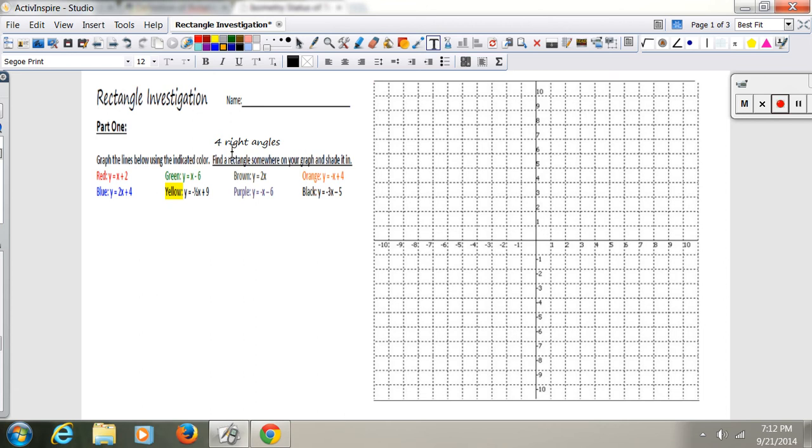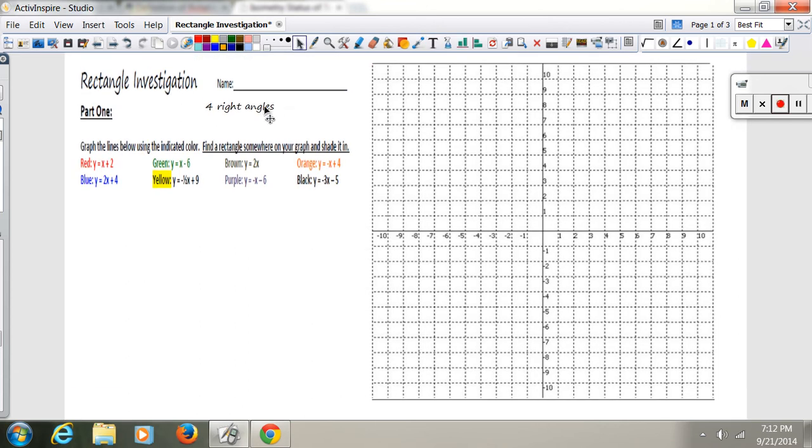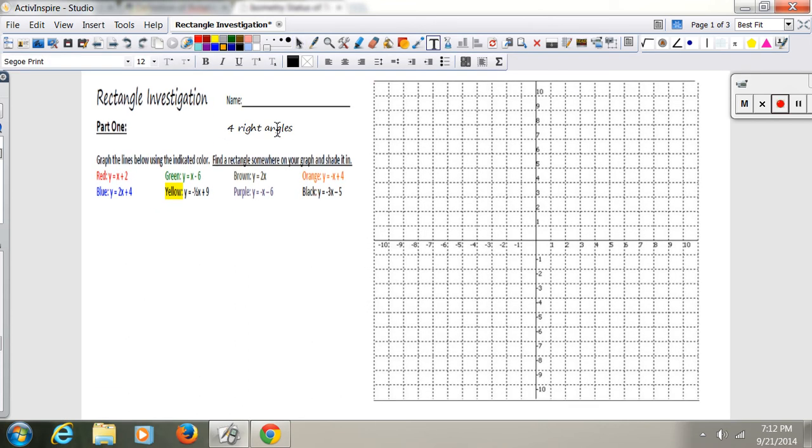The only way that we can make right angles is to have perpendicular lines, and we've been talking about perpendicular lines in class. Perpendicular lines have opposite and reciprocal slopes. So that's kind of what we're looking for. Let's graph these lines and see if we can find a rectangle, and then we'll shade it in.